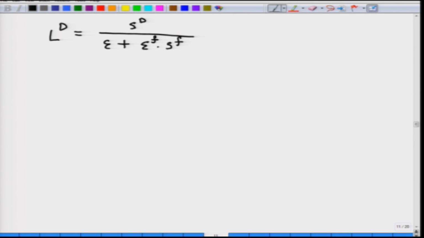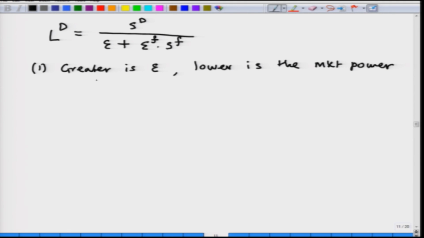So, a few observations. If epsilon is large, greater is epsilon, lower is the market power of the dominant firm.